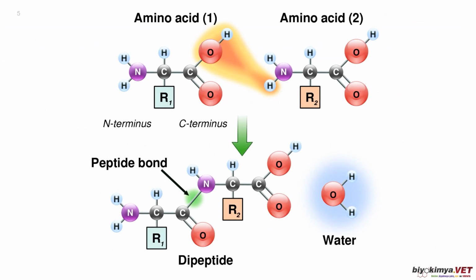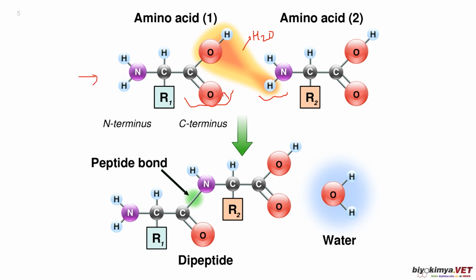As you see here, the carboxyl group of one of the amino acids and the amino group of another amino acid are chemically bonded during the formation of the peptide chain. This is a condensation reaction. One mole of water is removed. And as we know, amino acids always carry an N-terminus and a carboxyl terminus.